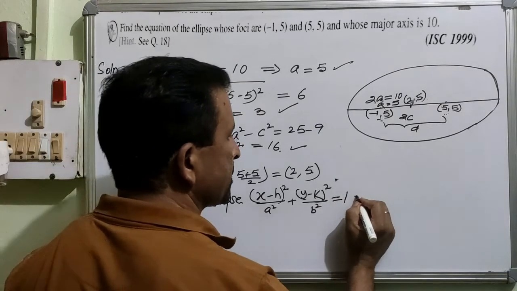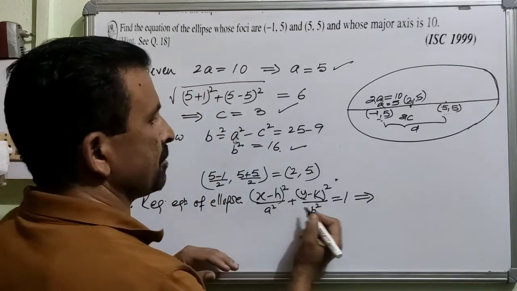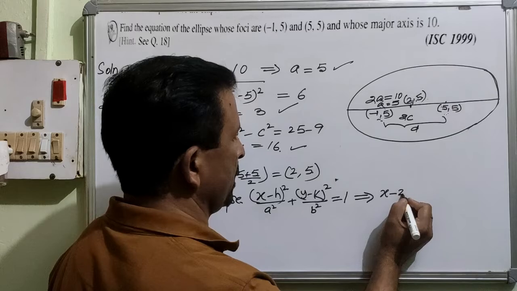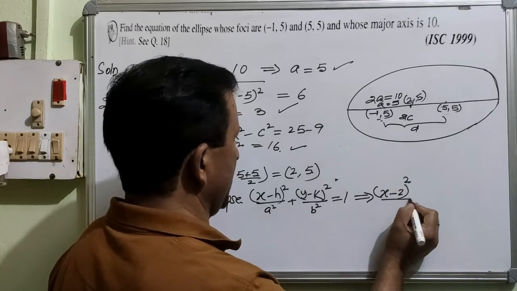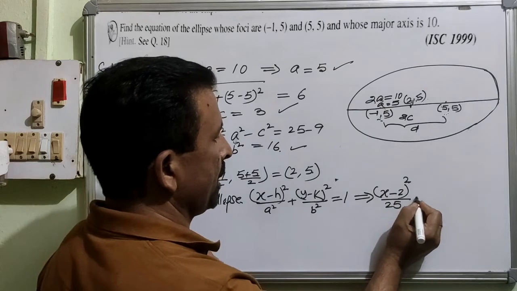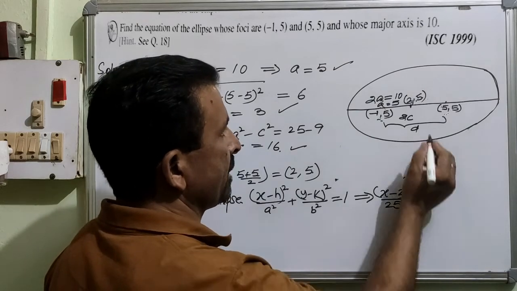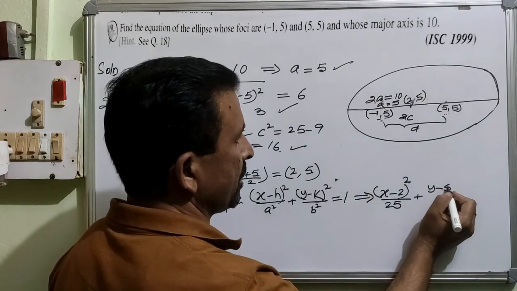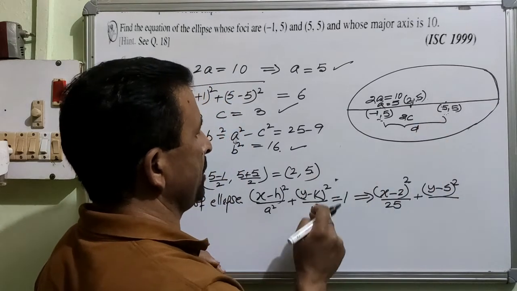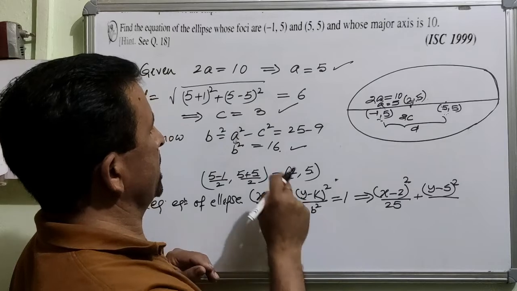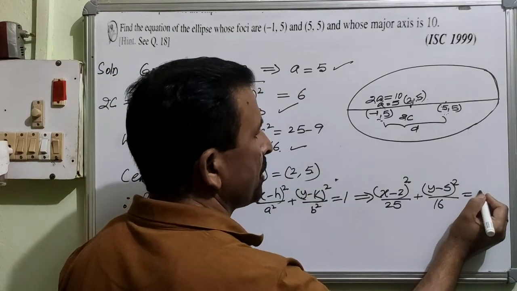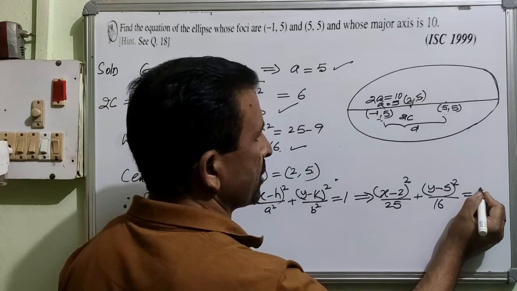Let us continue this. x minus h, h is this x coordinate, that is 2, whole square over a square. a is 5, that means a square will be 25, plus (y minus k), that is 5, whole square divided by b square, and b square is already calculated as 16, so 16, and this is equal to 1.